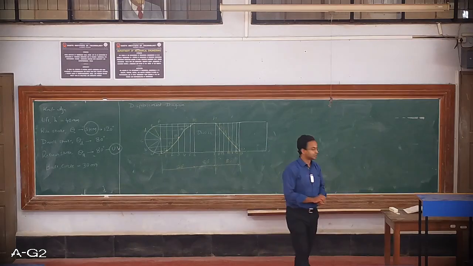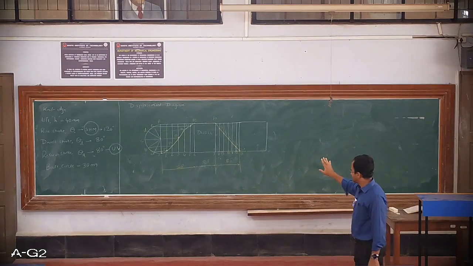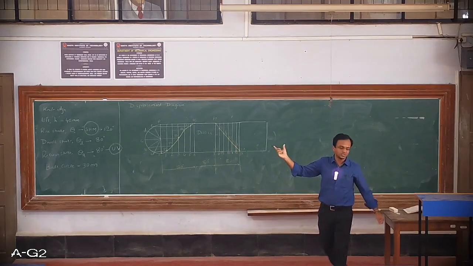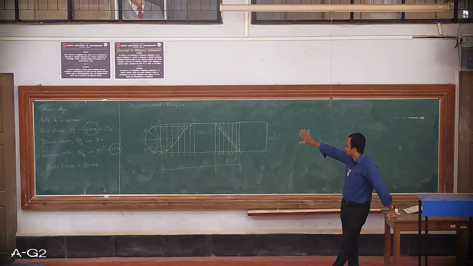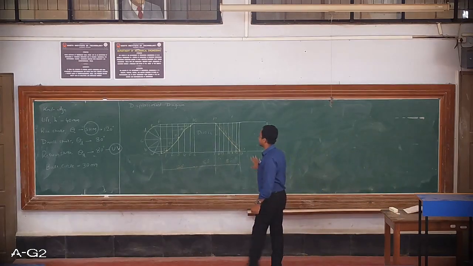Like this you will be getting 13 P points. I use the letter P for position. In some textbooks they have used it as T also. That doesn't matter as long as you are numbering them and labeling them correctly. So once this is done, your displacement diagram is completed.